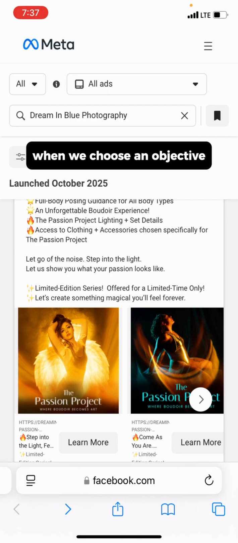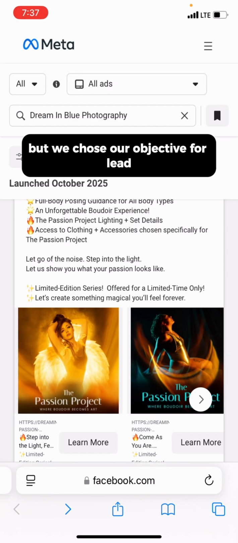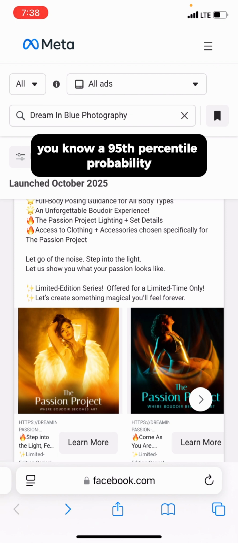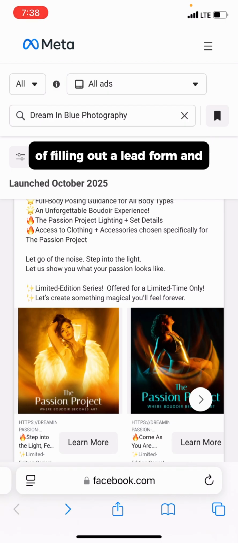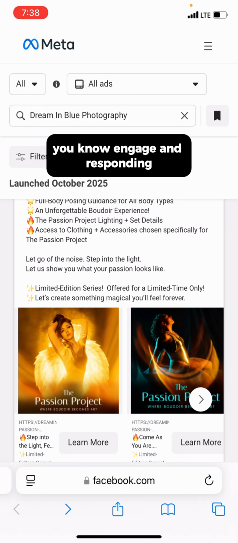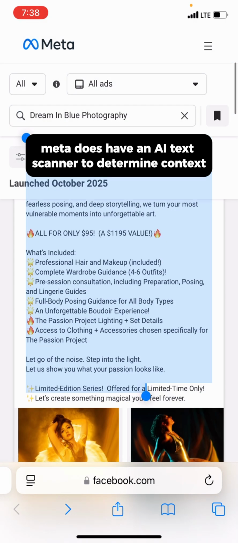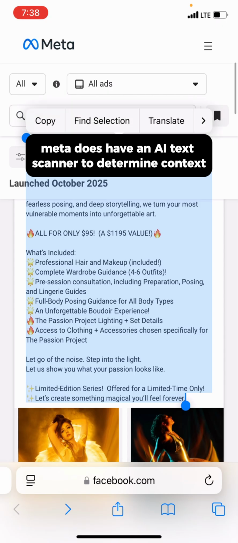When we choose an objective, we're basically telling Meta, we're targeting the city, but we chose the lead objective, so go find the 6% slice of audience in our city who have a 95th percentile probability of filling out a lead form, engaging and responding to an ad that has these keywords in our ad text. Because yes, Meta does have an AI text scanner to determine context.